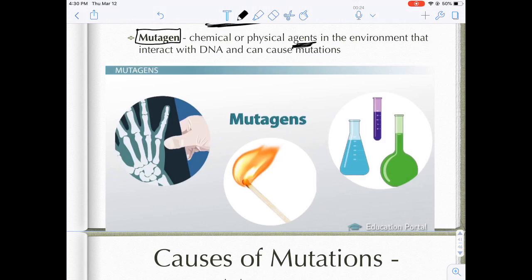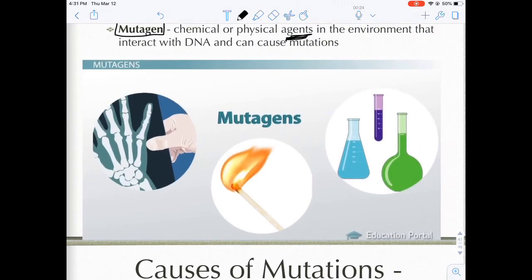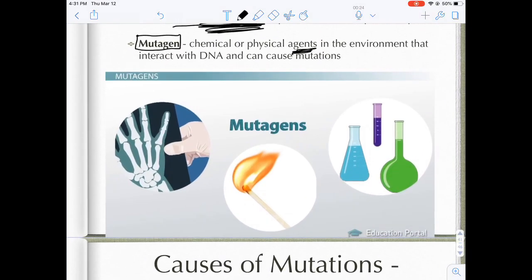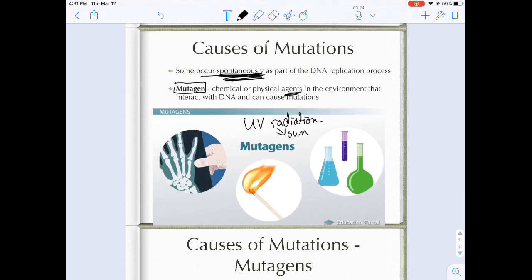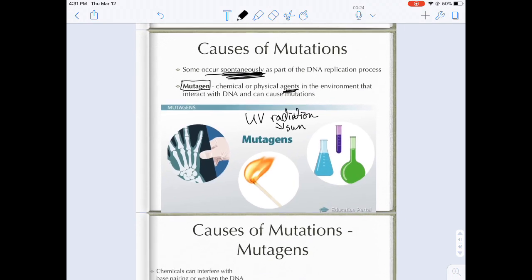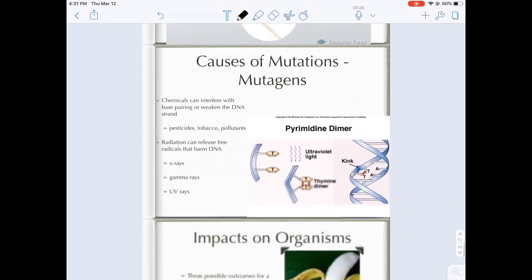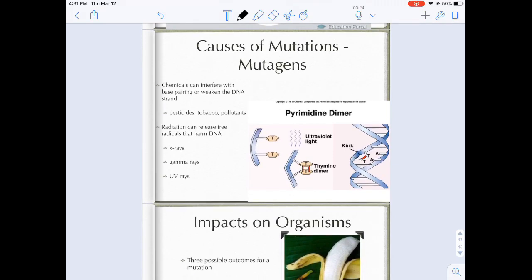Certain chemicals can have mutagenic effects or can cause mutations, and another big one would be UV radiation. So UV radiation, you guys know, comes from the sun, and it can be very damaging to your DNA. It can cause certain types of mutations. Like right here, we'll get there.